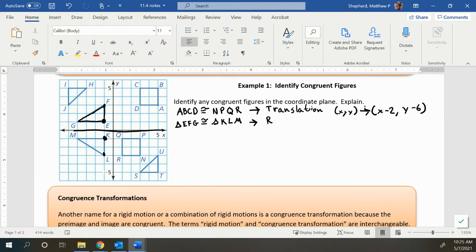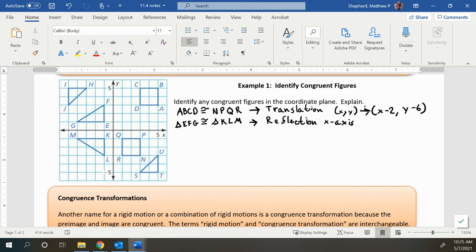Okay, we were reflecting off of the x-axis. So reflection off of the x-axis. And that's what proves that those would be congruent.